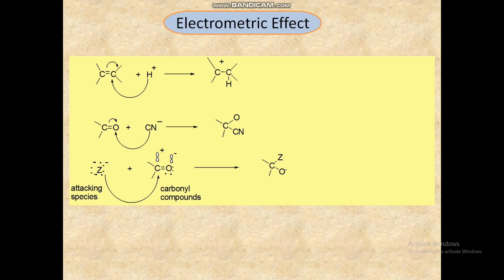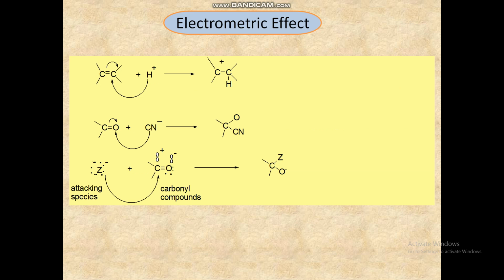Next, the electromeric effect. The electromeric effect is shown by compounds having multiple bonds. When a particular double or triple bond is attacked by a reagent, a pair of bonding pi electrons gets transferred completely from one atom to another.